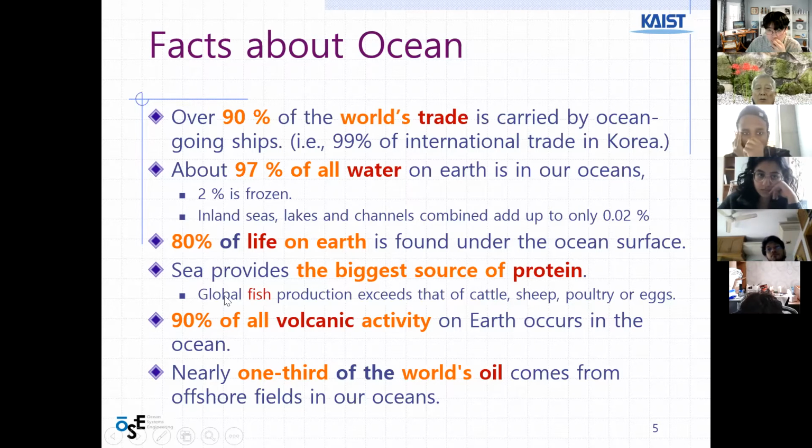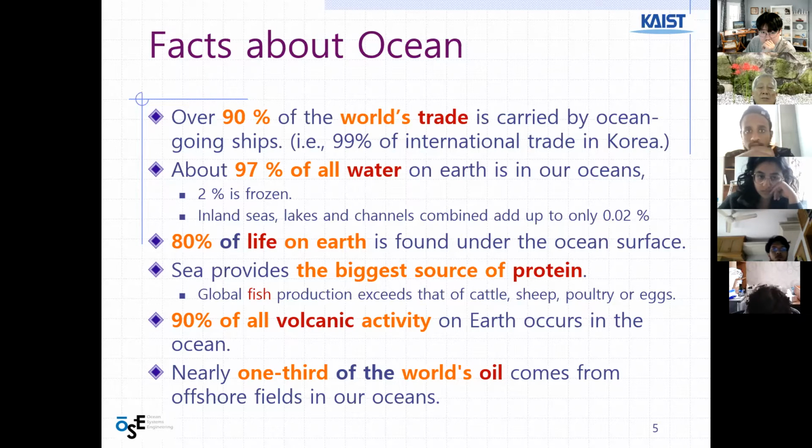And volcano activity is 90% underwater. And oil and gas produced offshore is about 30% now, but I guess it is increasing, because land-based oil and gas is becoming more and more empty, as we have already used it for 100 years.